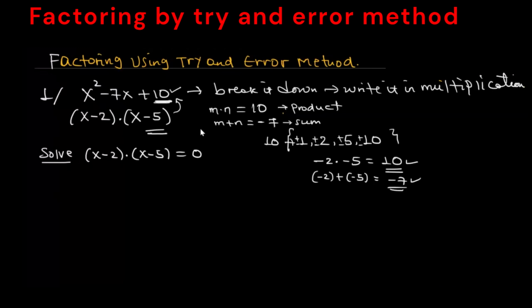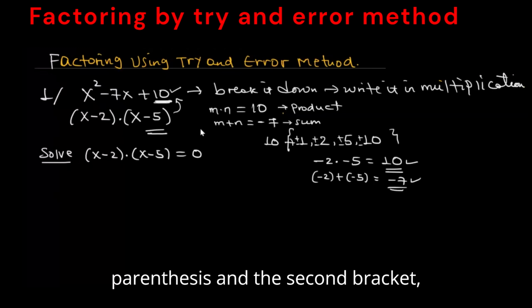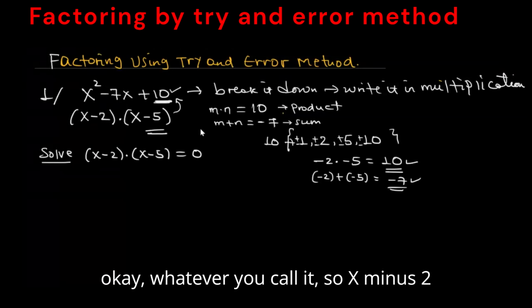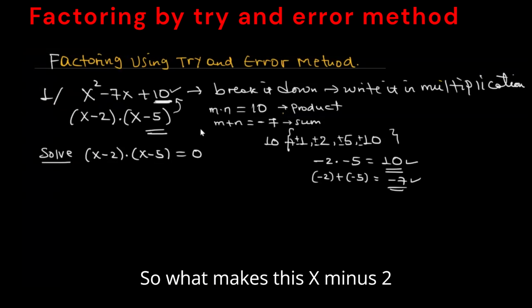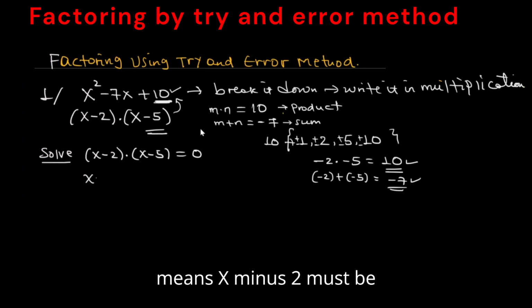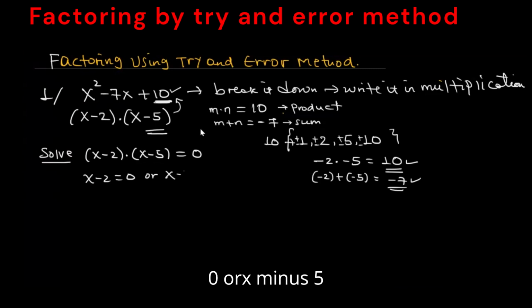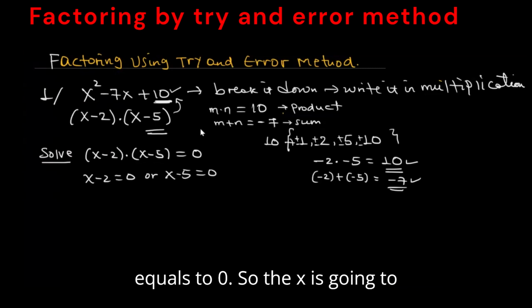So x minus 2 must be 0 or x minus 5 is equal to 0. So what makes x minus 2 zero? If x is positive 2, then x minus 2 is 0, or x minus 5 equals 0.